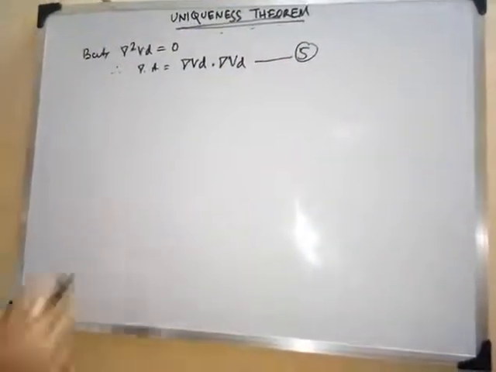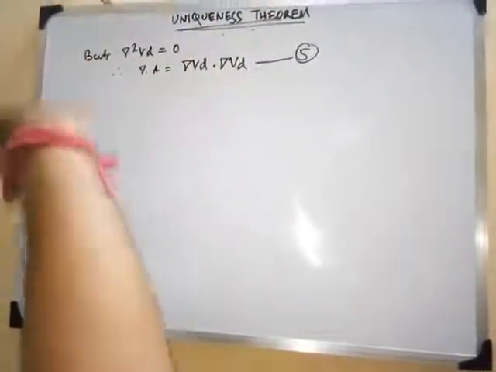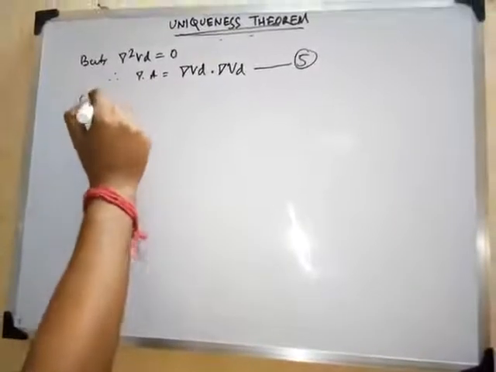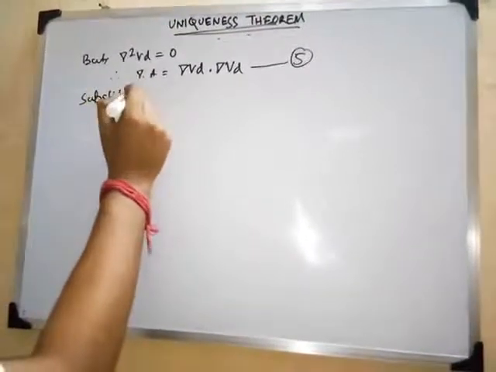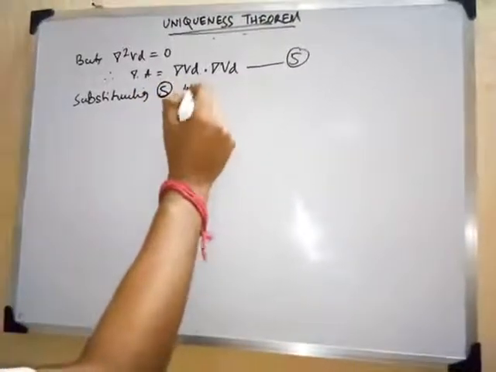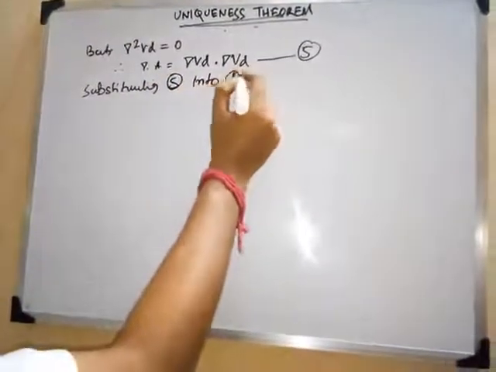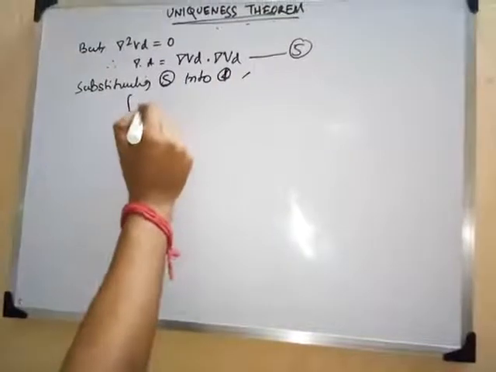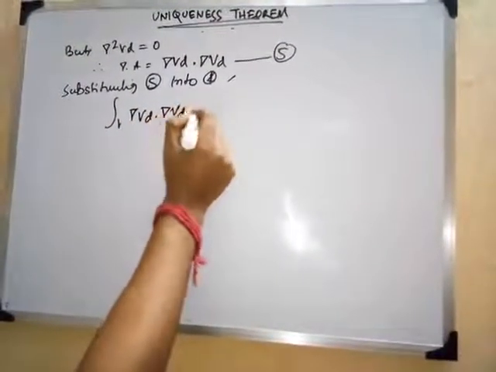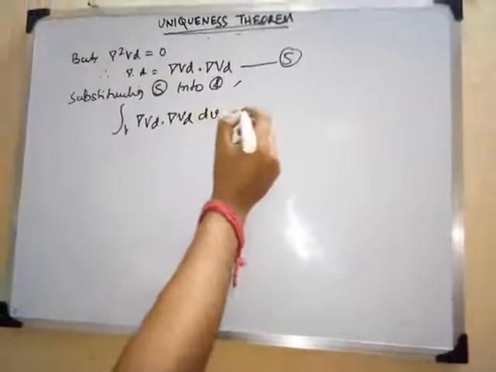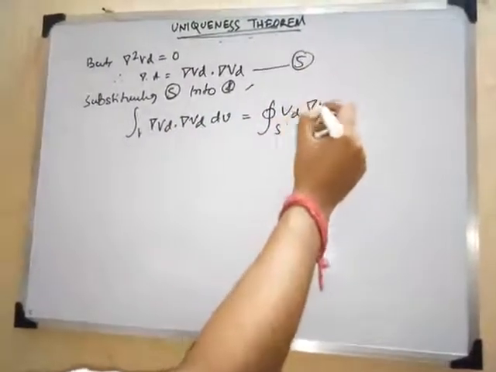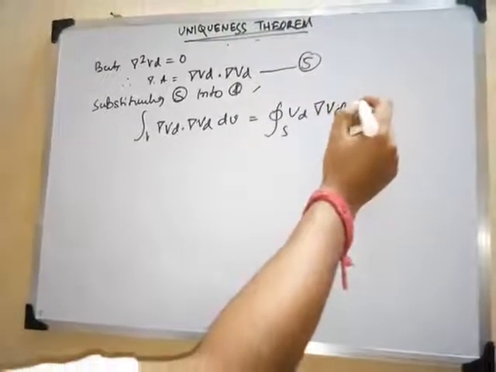Now substituting equation number 5 into the previous expression, equation number 4, what comes is the volume integral of del Vd dot del Vd dv is equal to the closed surface integral of Vd del Vd dot ds.